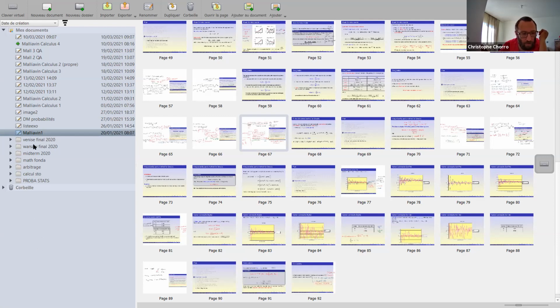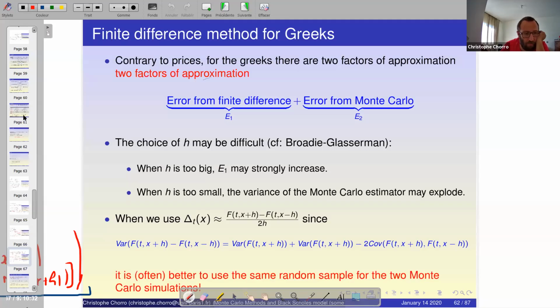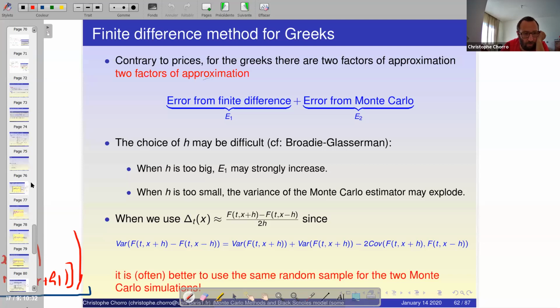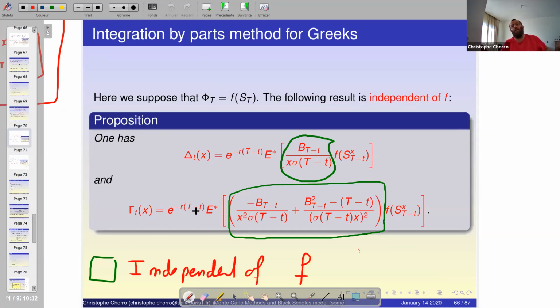Here. So in the case of a contingent claim that is path independent for the Black-Scholes model, I have proved in the first session, slide C6 of the first slides I have given to you, that for gamma at time t equal to 0, I have this expression, and you see that this expression at time t equal to 0 is exactly the one I obtained with the new arguments.